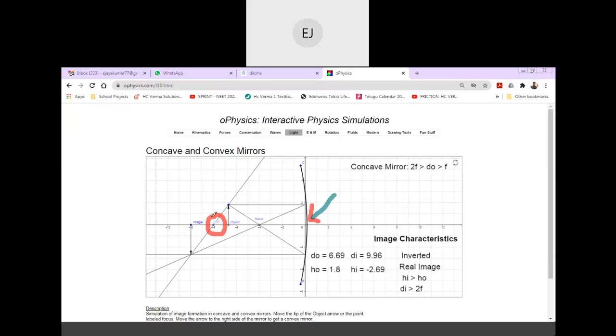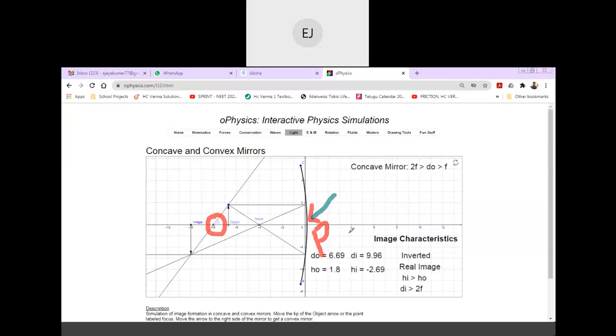And the midpoint of the mirror is called the pole. We indicate it with P. And the line or axis which joins the center of curvature and pole, we call it the principal axis.